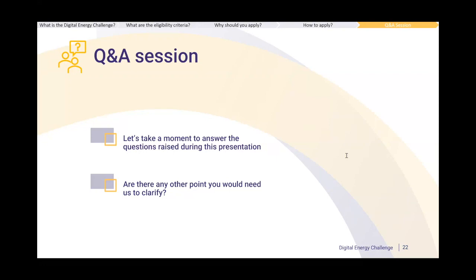But we really encourage you to choose one of them and to do one application that is qualitative and has the most chance to be selected, rather than doing 2 applications that will be less qualitative and that you don't have enough time to prepare as a proper project application. So yes, in theory, you can apply to both categories, but we really encourage you to choose one of them, the one that is the most obvious for your project and the best one, depending also on the amount that you need, because they are not the same.